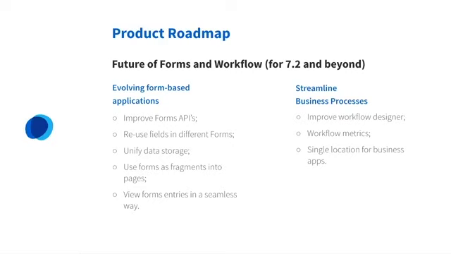We want to, at 7.2, deliver more robust documented APIs. We want to allow users to reuse fields, unify data storage, and use forms as fragments in pages. Now that we have that concept for pages in Liferay, we want to enable you to use forms as fragments in pages. And view forms entries in a seamless way to help you build customer profiles.